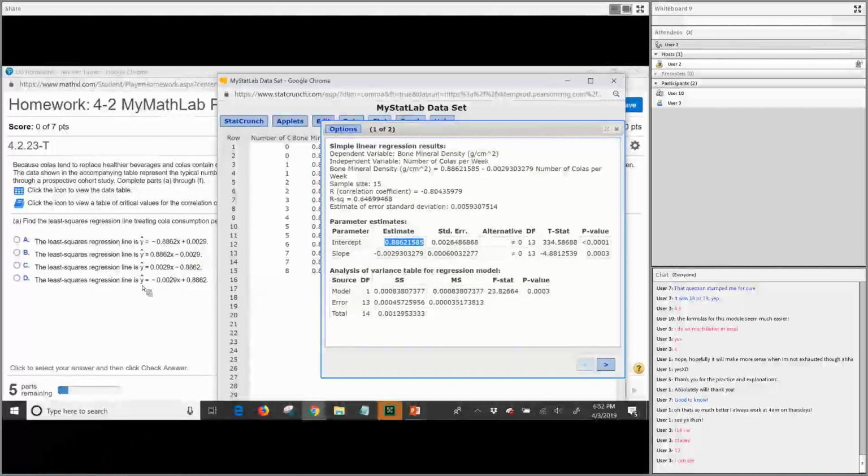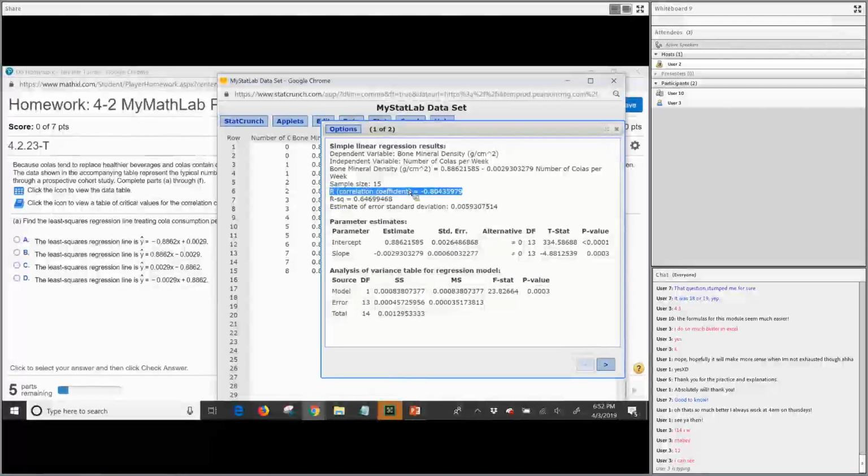The one that says intercept is the one not by the x. The one that says slope is the one by the x. So in this case, it's got to be letter D, because the negative 0.0029 is times the x. That's the slope that you see right here. And then the 0.8862 is the one by itself. So it's got to be D.